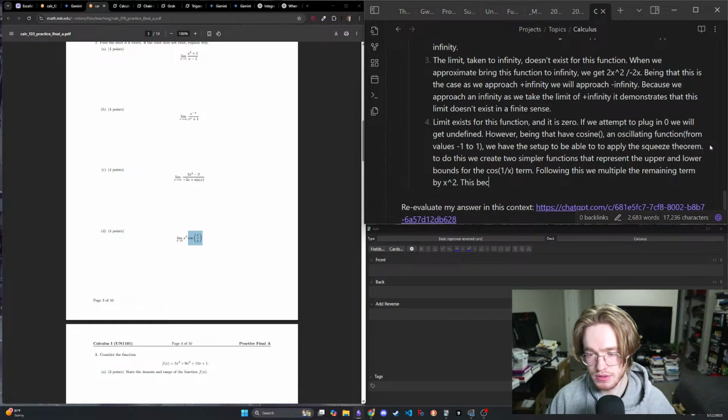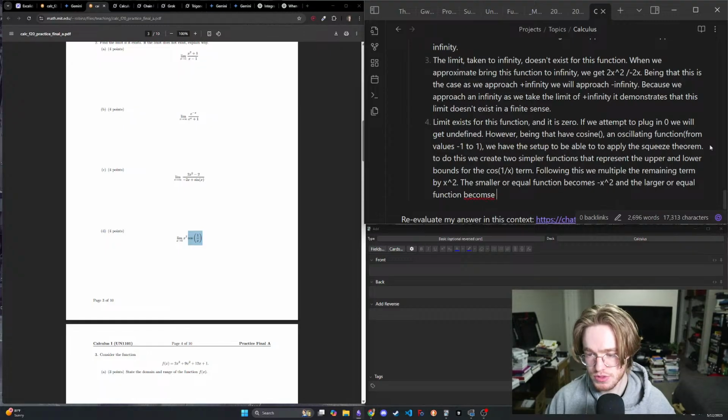The smaller or equal function becomes negative x squared, and the larger or equal function becomes x squared.